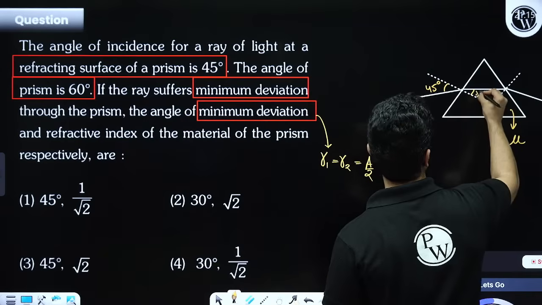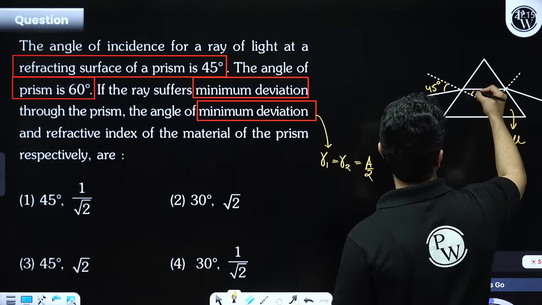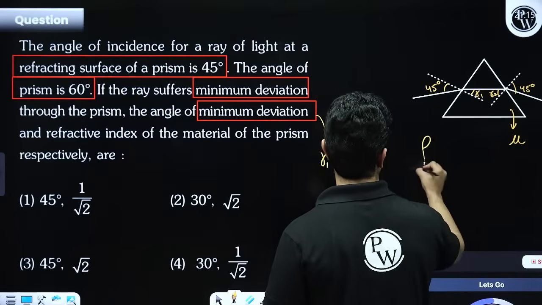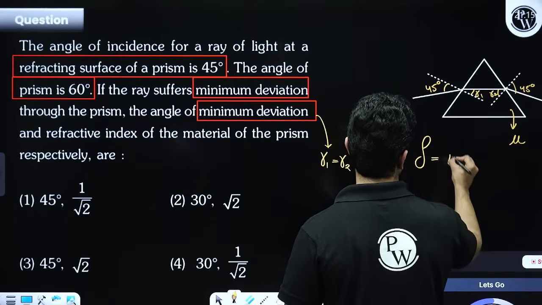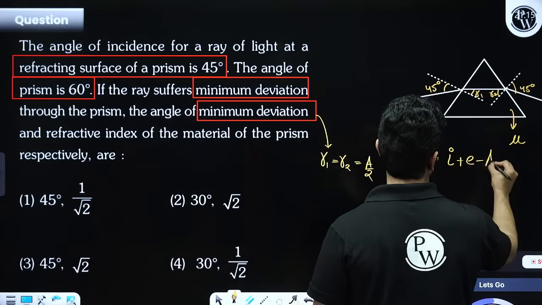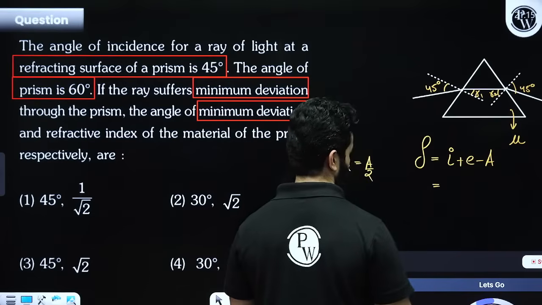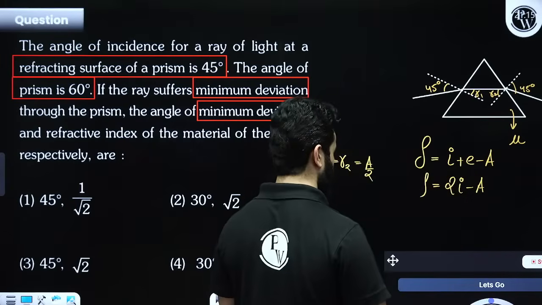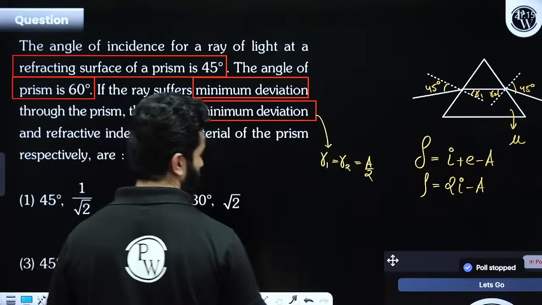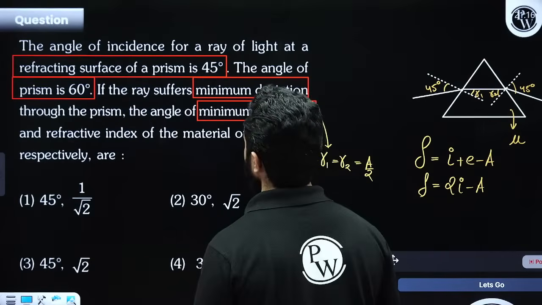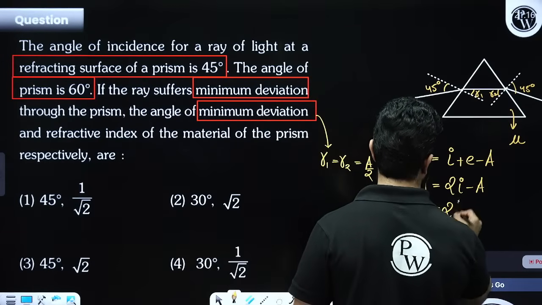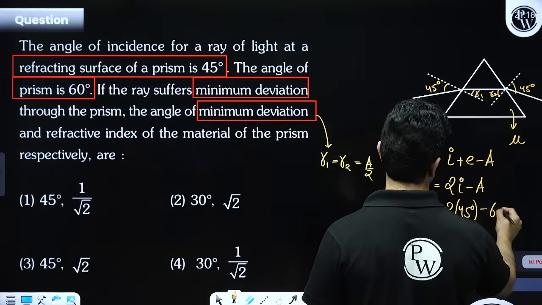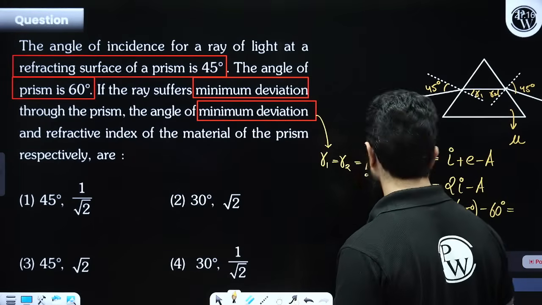Because they are the same, this angle is also the same, 45 degrees. The angle of deviation is basically I plus E minus A, so this becomes 2I minus A. So this will be 2 times 45 degrees minus the angle of prism, 60 degrees. So the answer will be 30 degrees.